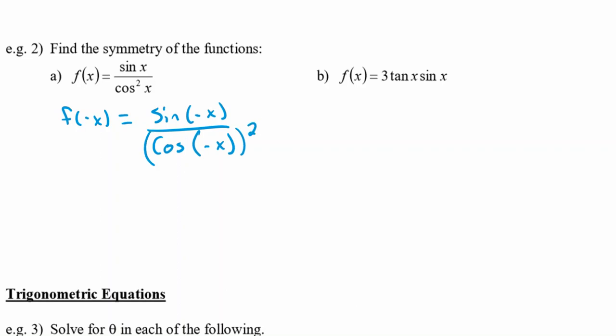Now, using our rules from above, sine of negative x is really negative sine x, and cos of negative x is really just cos x. So I can rewrite that now as cos x squared. And from there I can see this is just negative sine x over cos squared x. They look exactly the same, but I've just got the negative tacked on the front. This is really negative f of x.